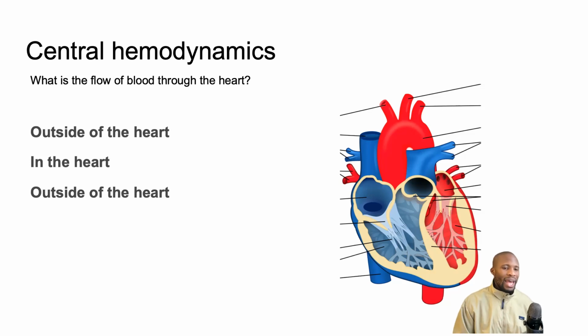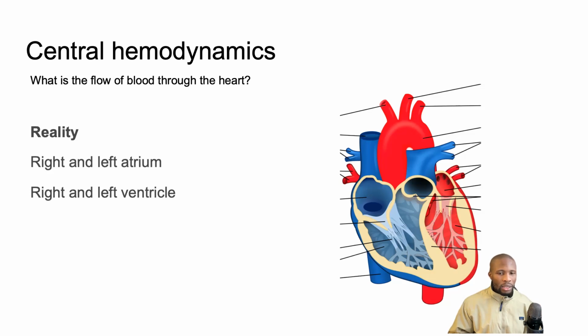So we can look at how the blood flows just generally. Broadly speaking, blood is going to come from outside the heart, which is from the rest of the body, right? And also the lungs. Anything outside of the heart, the blood is going to then go into the heart, and then it's going to move through the heart and then go back out of the heart. That is, broadly speaking, big picture, how blood is flowing through the heart.